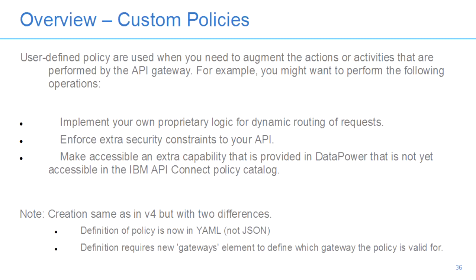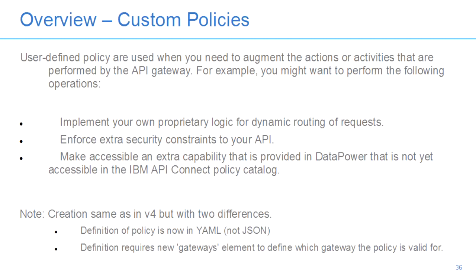Now, the only difference is in the creation of the policies. In version 4, you used JSON to define the properties and the definition of the policy.